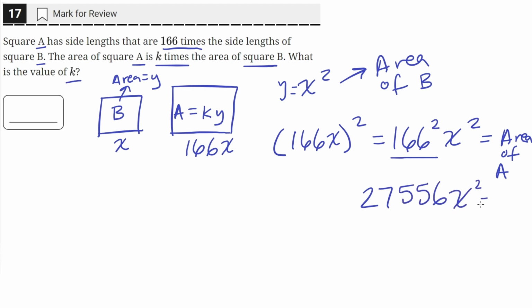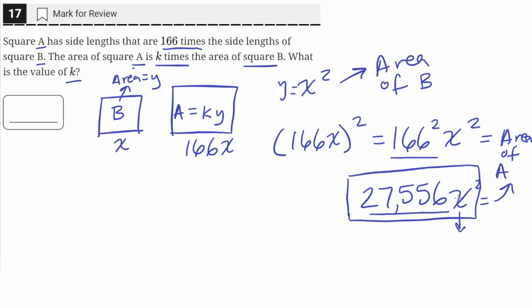So this is the area of A. And we can see that this giant coefficient here is the value of k, since it's being multiplied with the area of B. And the problem statement said that the area of A, which is this whole term, is k times the area of B. And the area of B is just this x squared.